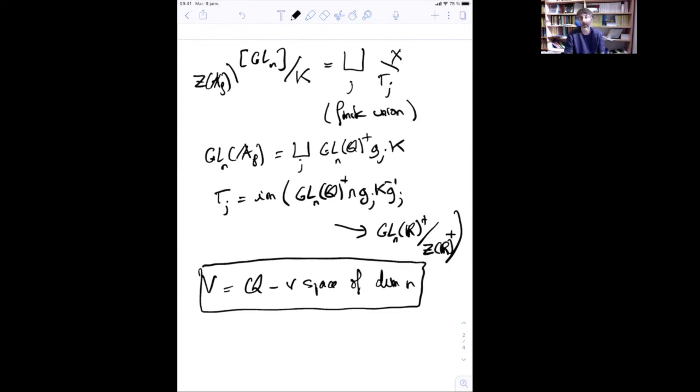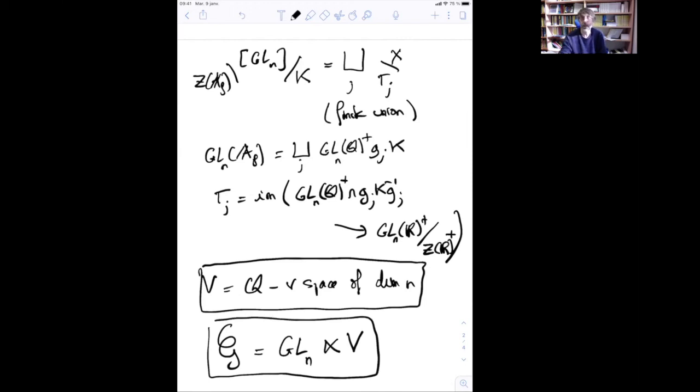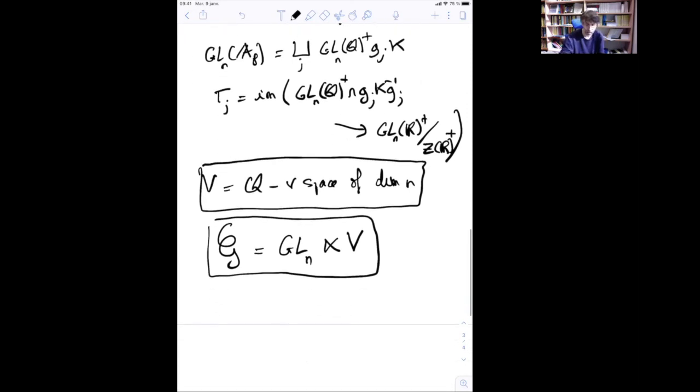And then instead of the group GL_n, I will consider the group calligraphic G as the semi-direct product of GL_n with V. And we will redo everything that I have said before with this Q-algebraic group.